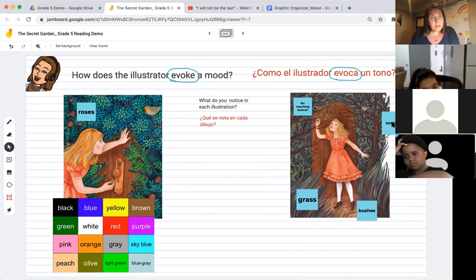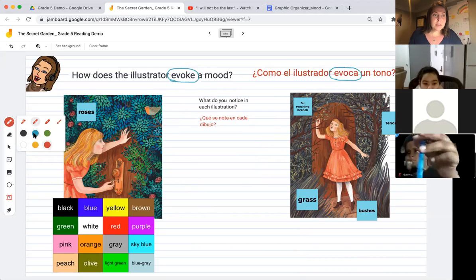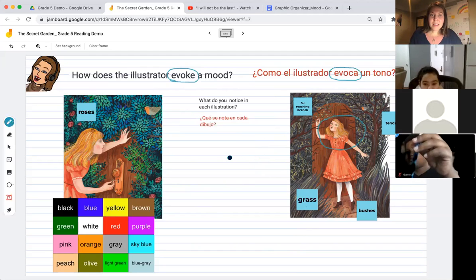Do you see that? Look surprised. Can you guys show me a surprised face? She looks surprised, right? Yeah, it's the one where she looks up. That's the one that's surprised.